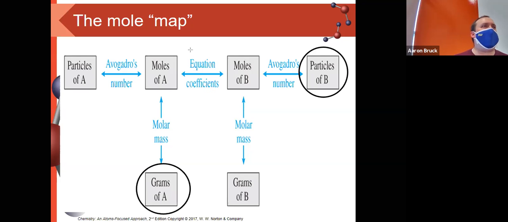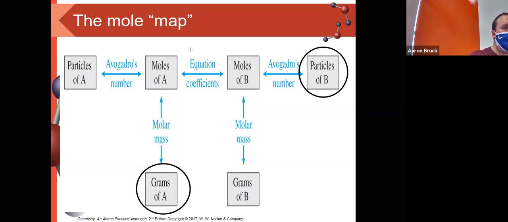So let's say that I have 30 grams of aluminum, and I want to figure out how many atoms of copper I'm going to get in the end of the chemical reaction.